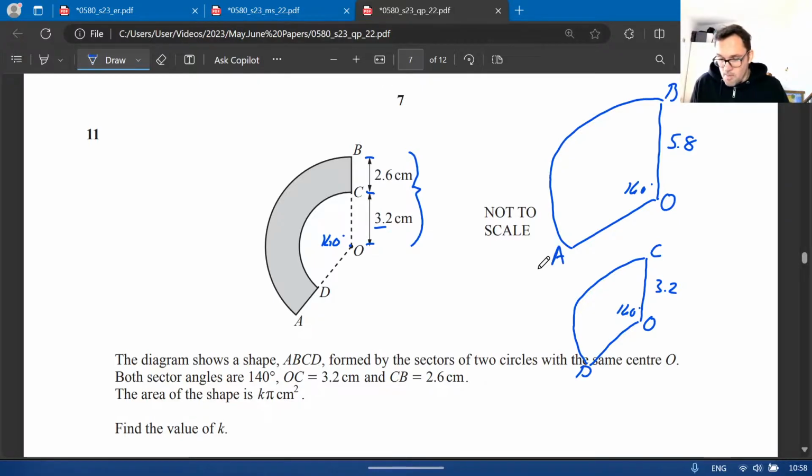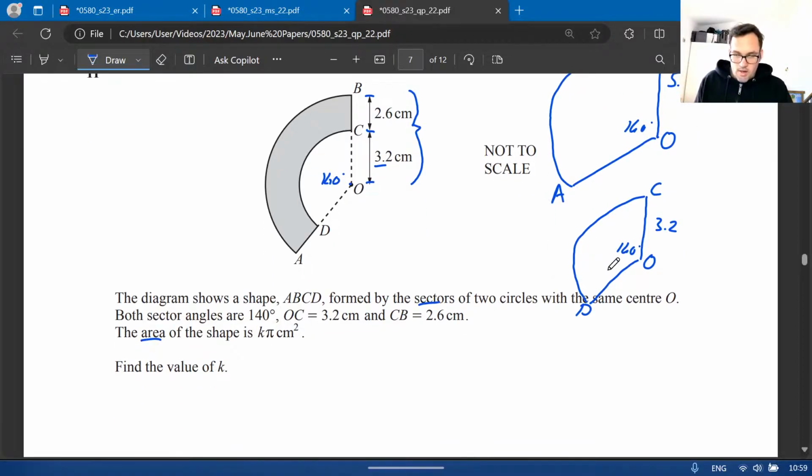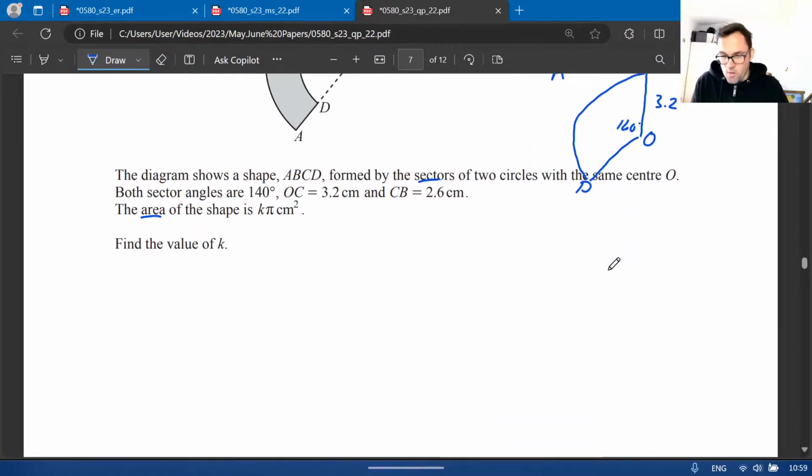They're talking about the area of sectors. What's the area of a sector? That's straightforward. Remember, you do the area of a circle, pi r squared. Now a sector is just a fraction of that, a fraction of the angle out of 360 times that.